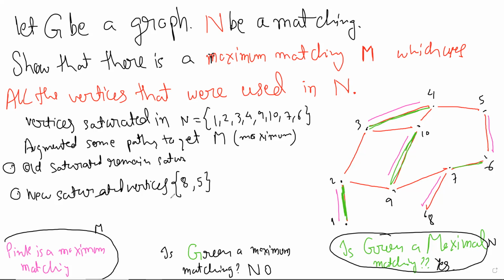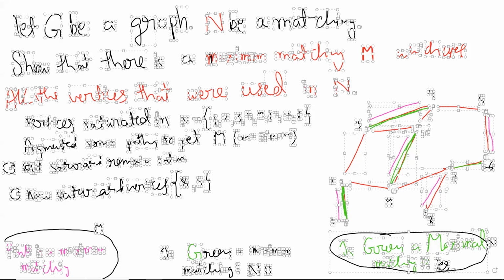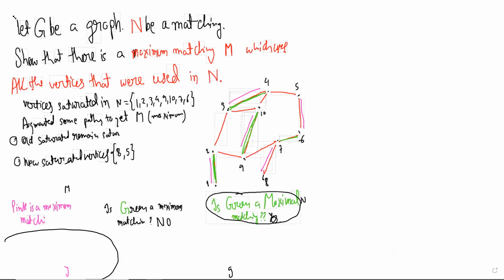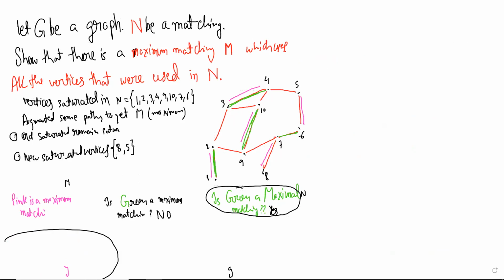Right. So we know this, right? If you think about this example, N was just an arbitrary matching. Just treat N like an arbitrary matching. You can actually take a maximal one, but let's not complicate it.